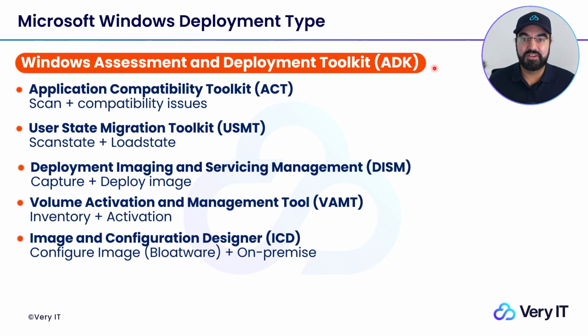Here we're going to cover the Windows Assessment and Deployment Toolkit, otherwise known as ADK. Now this has a number of tools, namely the Application Compatibility Toolkit, otherwise known as ACT. This will essentially scan your hardware and identify any compatibility issues with your applications in the event it does move over to a new operating system.